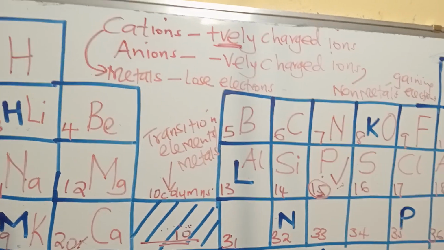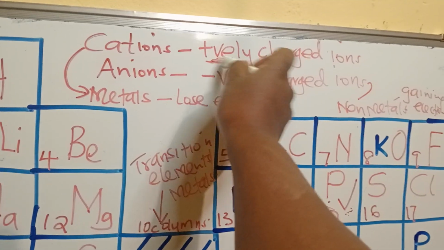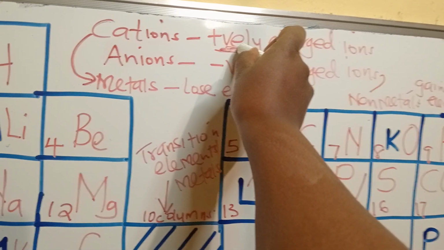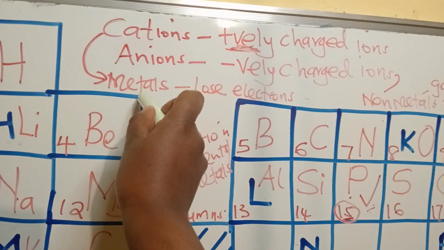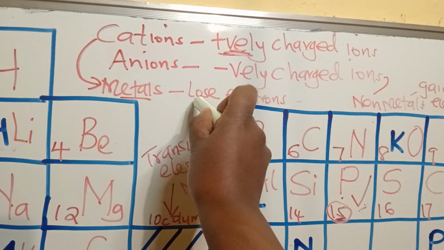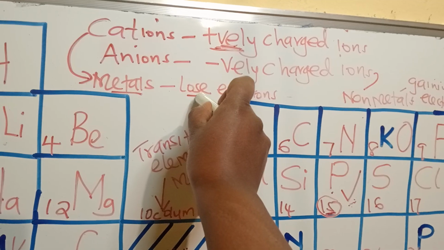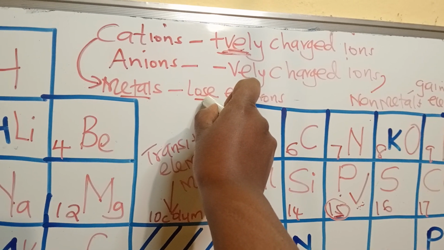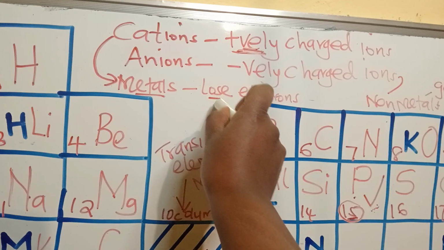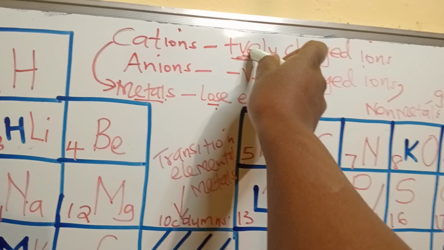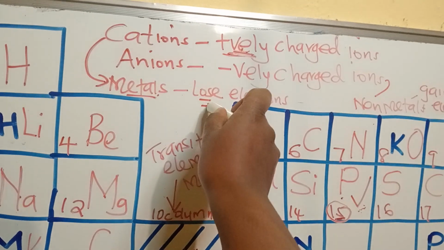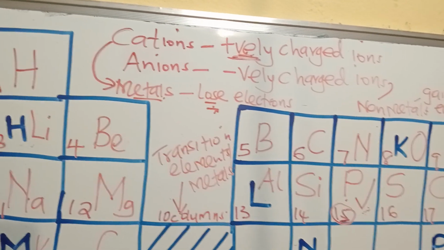What makes metals to have a positive charge? Let me say it again. The question is here, what makes metals to have a positive charge yet they are losing electrons? I believe this one we shall do in the next lesson, but let me just say this. The reason why metals become positively charged yet they are losing electrons is because when they lose electrons, they end up with extra positive charges.